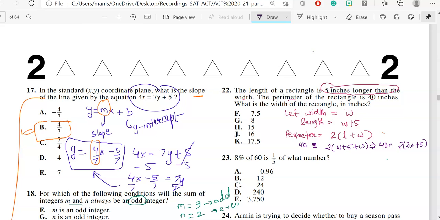When I solve this, I have to use the distributive property of multiplication. So this is my 40, and this will give me 4W plus 10. I will subtract, and on simplifying it will give me W is equal to 7.5. So this means F is the correct choice for this question.